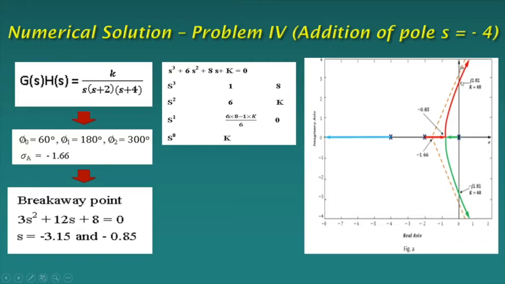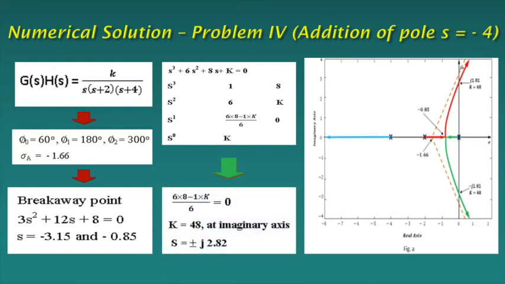Then find the crossing point of the imaginary axis. Using the characteristic equation, we get s to the power 3 plus 6s square plus 8s plus k equal to 0. Using Routh, we get this equation. If this is equal to 0, then we get k equal to 48. And taking the upper equation as the auxiliary equation, that means 6s square plus k equal to 0.